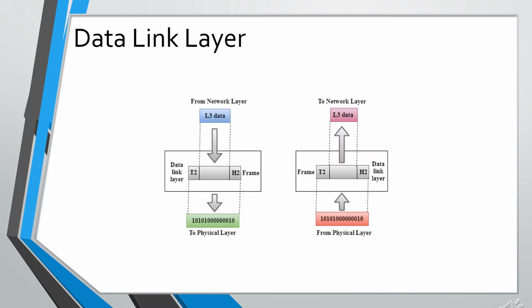The data link layer is considered the most complex layer of the 7 OSI layers. This layer is often divided into sublayers called media access control, the MAC, and the logical link control, the LLC. The layer sets up links across the physical network. When this layer receives data from the physical layer, it checks for transmission errors and then packages the bits into data frames.